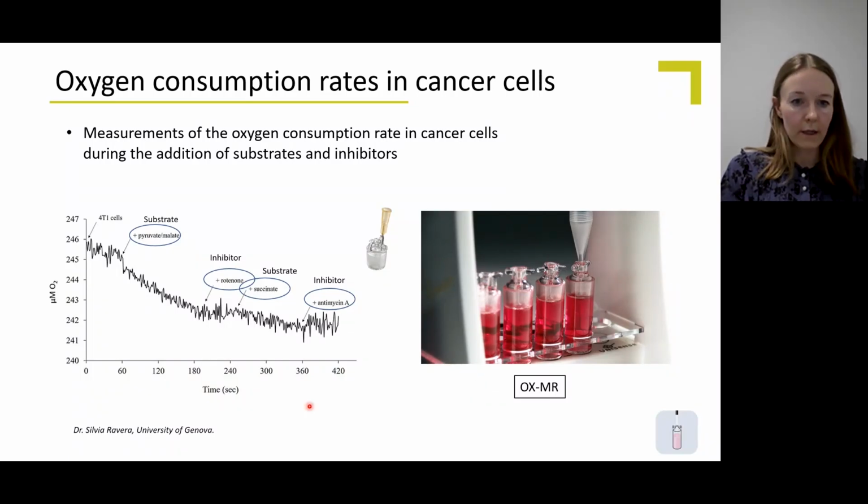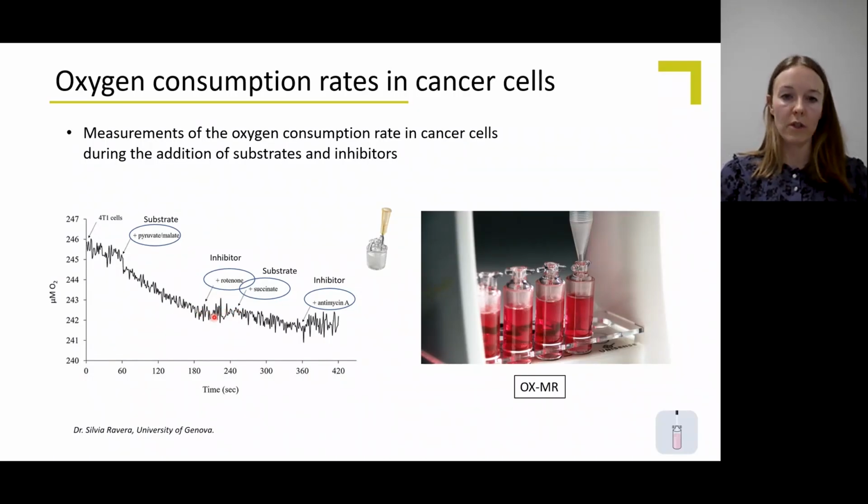They then used this injection lid and they injected substrates or inhibitors, and they could then see how that affected the oxygen consumption rate. So you can see how the substrate increases the oxygen consumption and how the inhibitor here slows down the oxygen consumption rate.